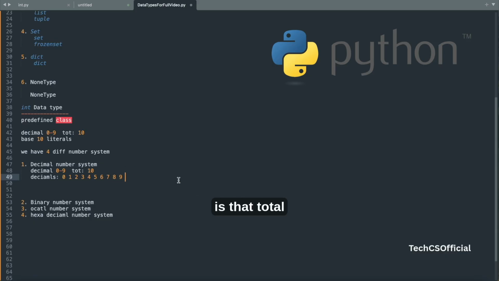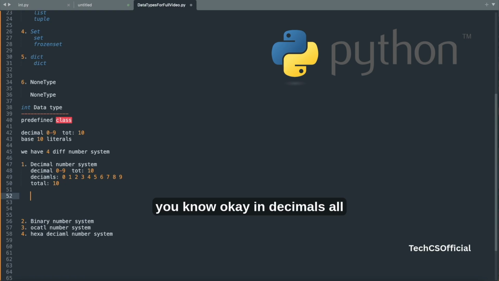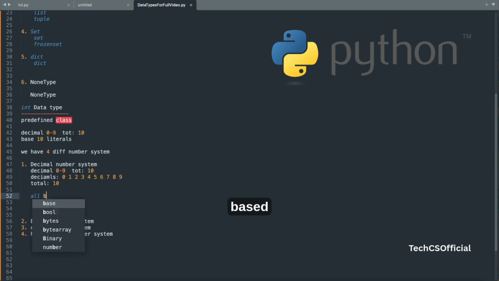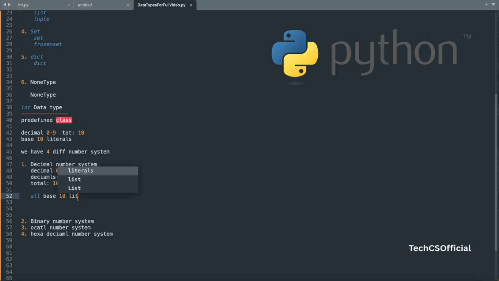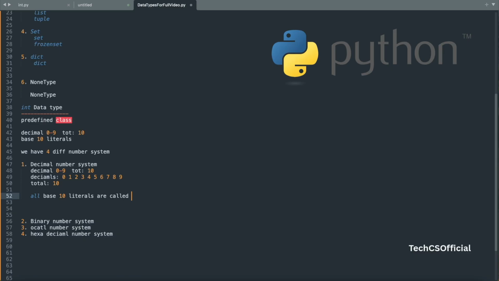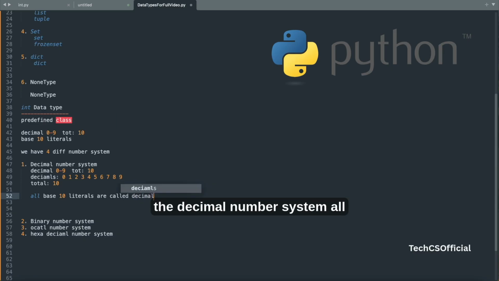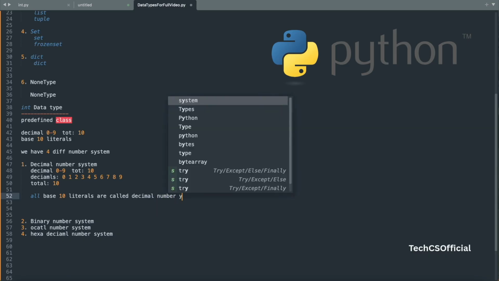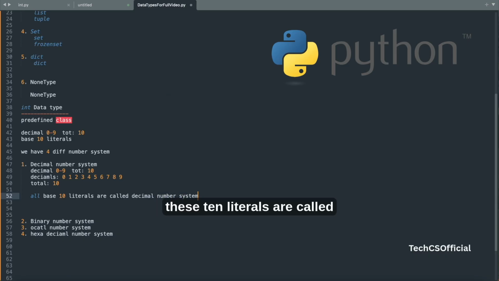How many are there in total? Total 10 decimals. All base 10 literals are called decimals or decimal number system.